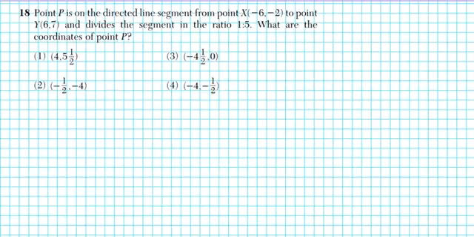Okay, so we're going to get started by taking a look at the formula for a segment divided in a particular ratio. Let's write down the formula first, and then we'll apply it to this particular scenario.